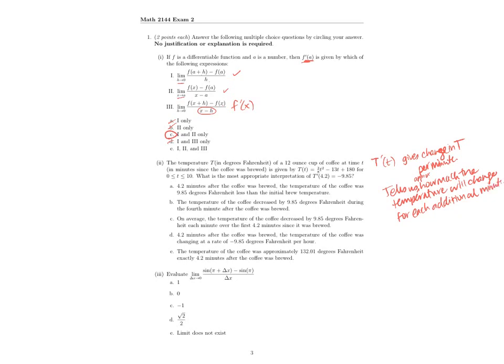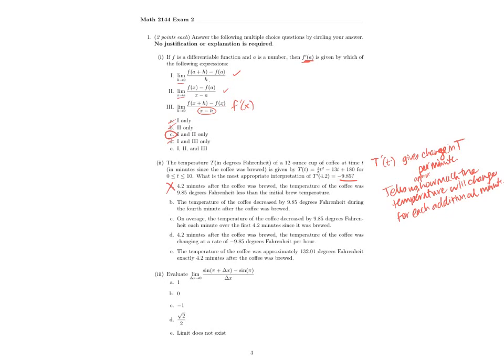Okay, so let's see what we have. 4.2 minutes after the coffee was brewed, the temperature of the coffee was that. So it's not that this gives me the temperature of the coffee. Anyway, that would make sense because it's negative, and coffee is surely positive degrees Fahrenheit.